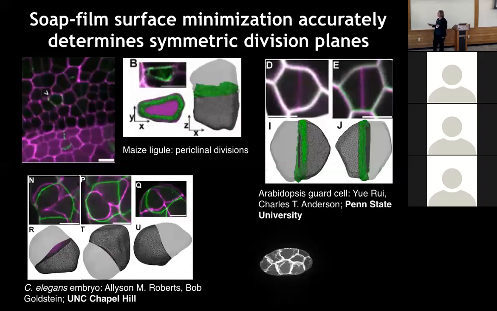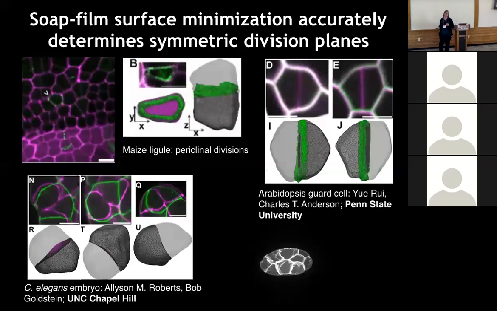We also looked at Arabidopsis guard cells, in collaboration with Charlie Anderson's group at Penn State. These also divide according to soap film minimization. And because we were curious whether we could use literally any cell, we also collaborated with Bob Goldstein's group.